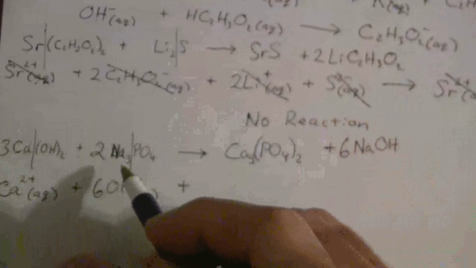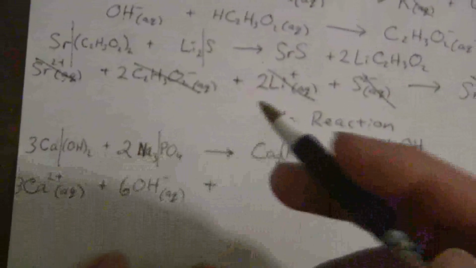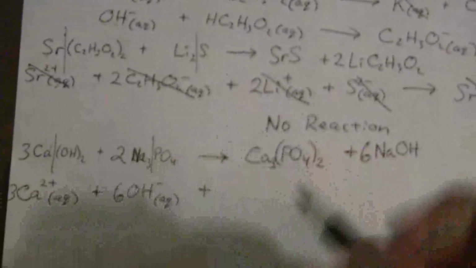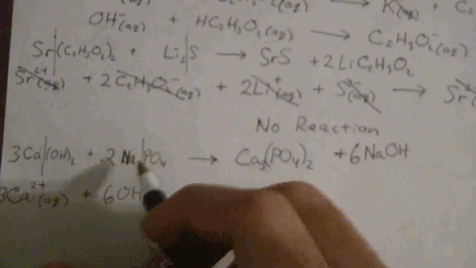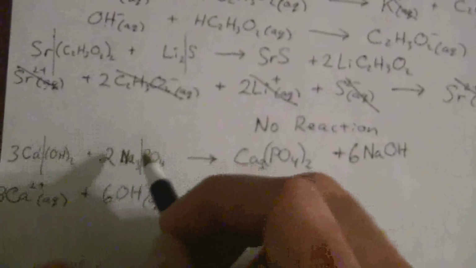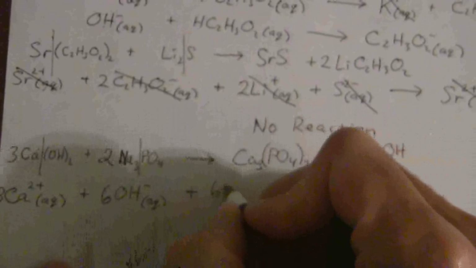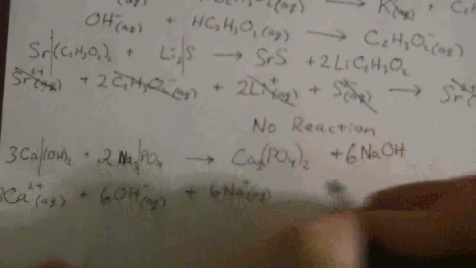Okay, then we have sodium phosphate, and sodium ions are all soluble, no exceptions. This is a soluble compound. When this breaks apart, I have 3 ions here, but I have 2 of these units, so I have a total of 2 times 3 is 6 sodium ions, and these are all aqueous.